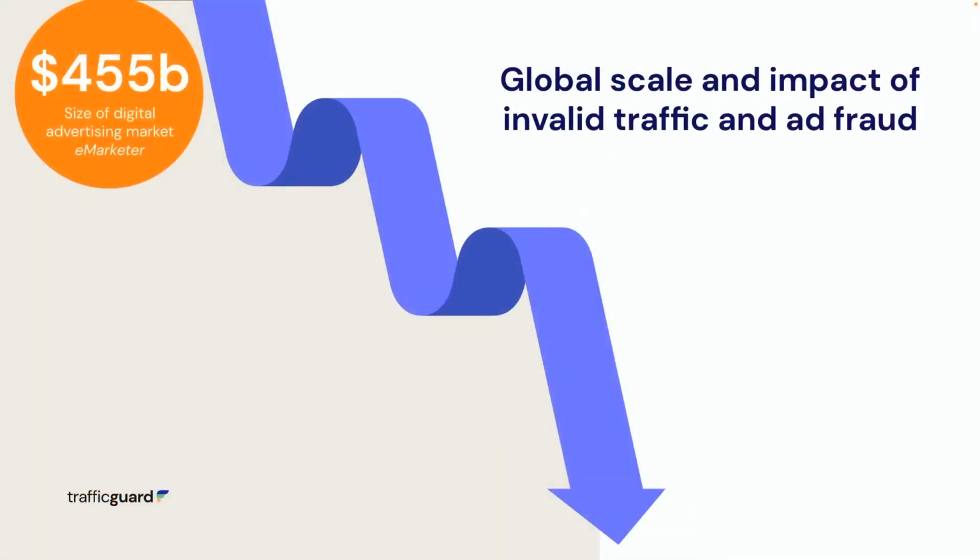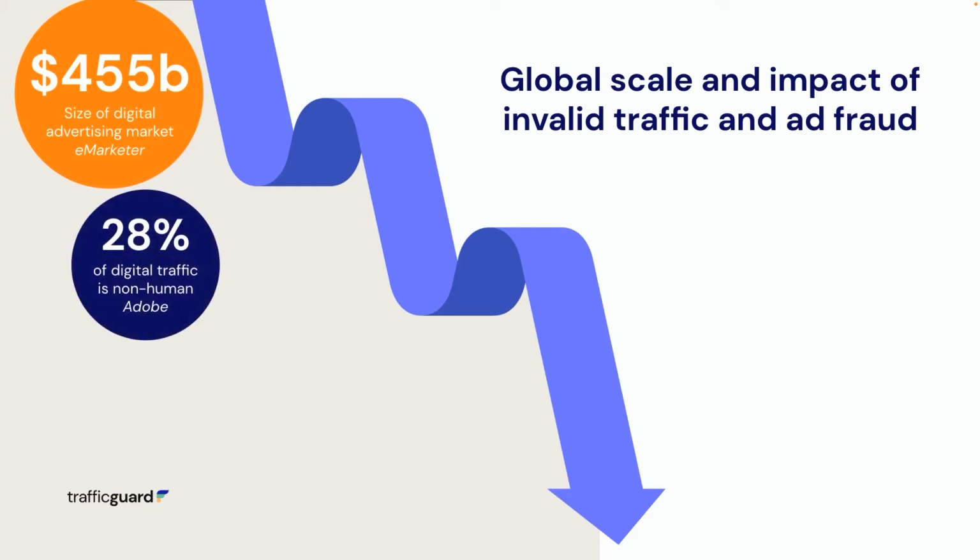If you look at the size of the digital advertising market today, in other words, the amount of money that's spent on digital ad slots every single year, that number is a huge $455 billion. So every single year, advertisers spend around $500 billion on digital advertising.